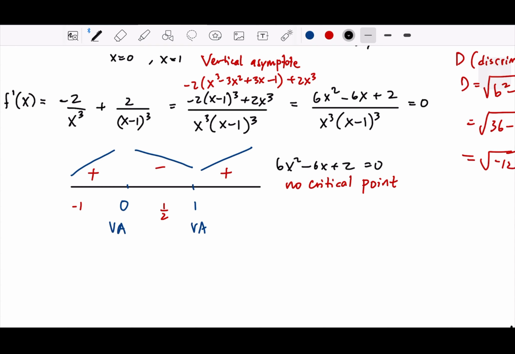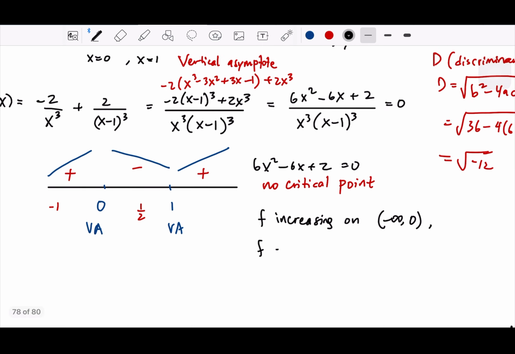If the question is asking for the interval, don't forget to write the interval. So maybe f increasing on, and decreasing on.